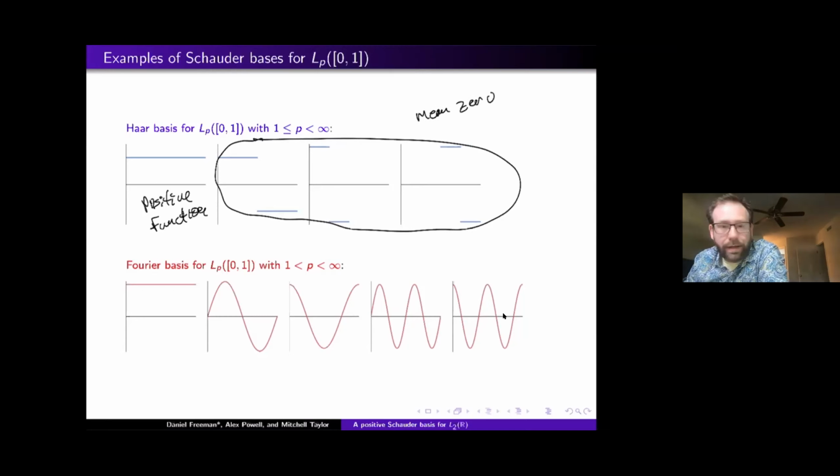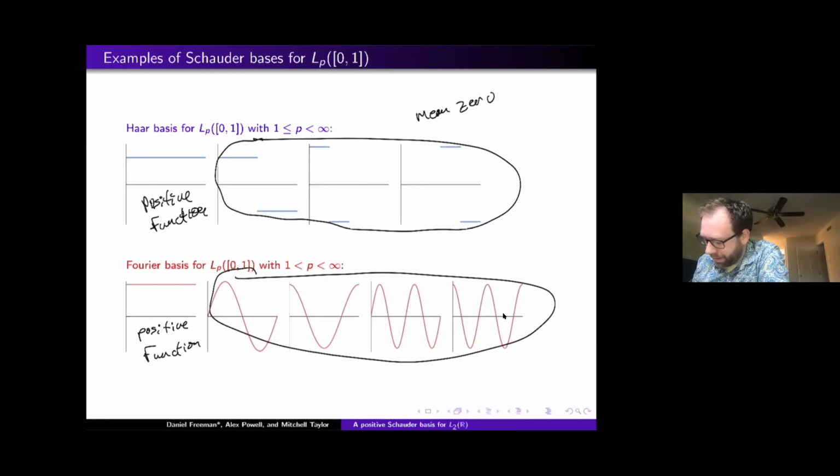So if you integrate them, you get 0, and so they're definitely not positive functions anymore. And for the Fourier basis, we have the same property. We start off with a positive function, and then all the others are mean 0.